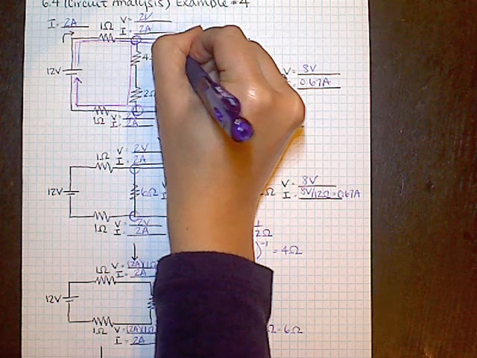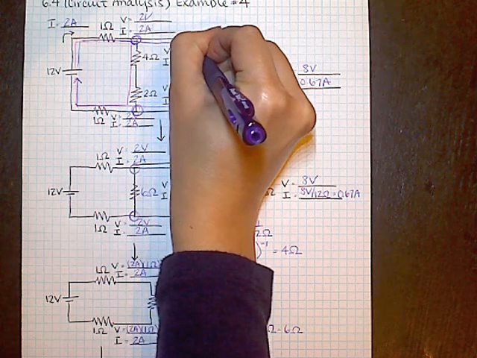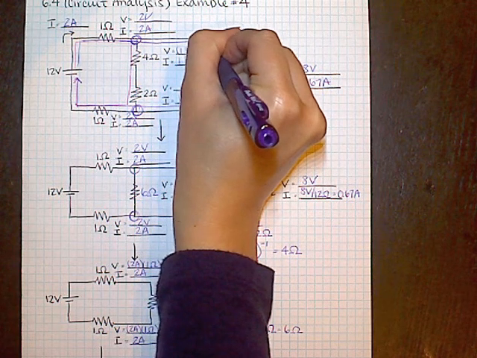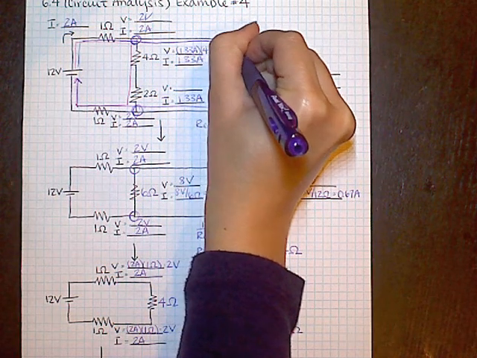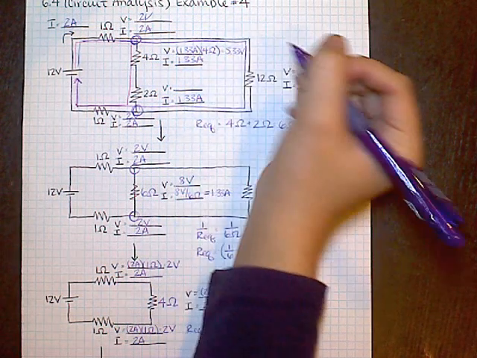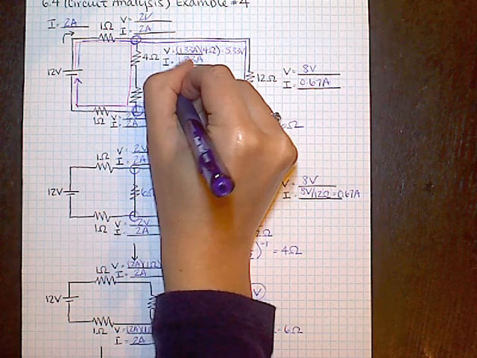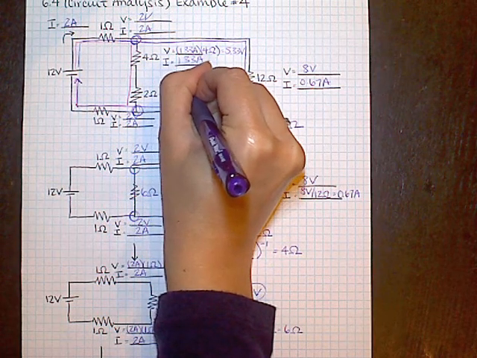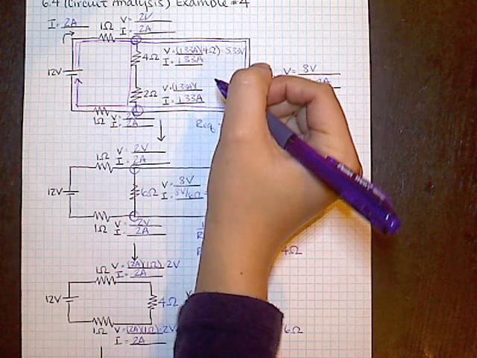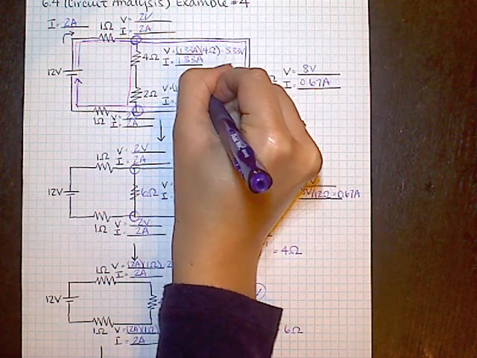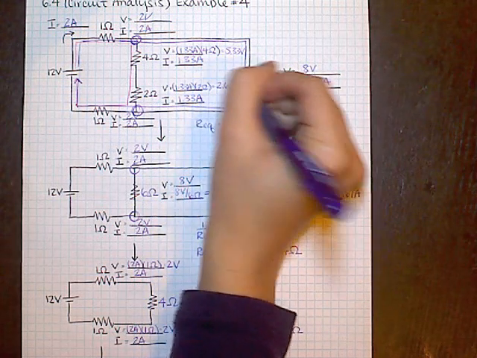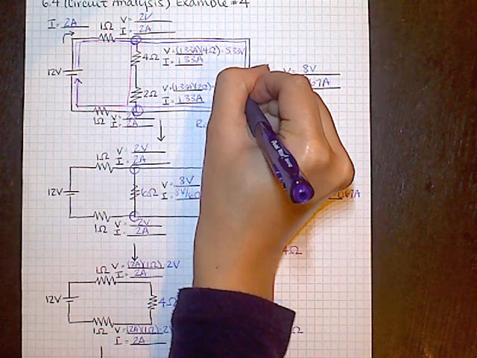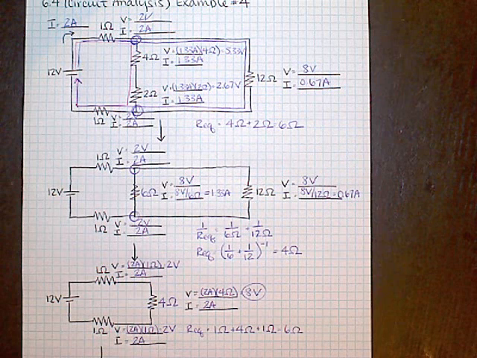So I've got a current here of 1.33 amps times a resistance of 4 ohms, which should be 5.33 volts right here. And then here I've got a current of 1.33 amps, resistance of 2 ohms. And that gives me 2.66, 2.67, however we want to round, volts.